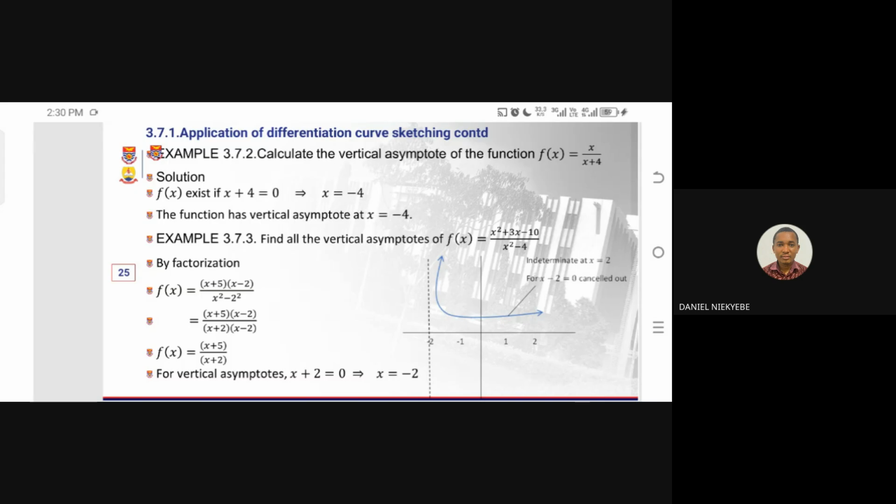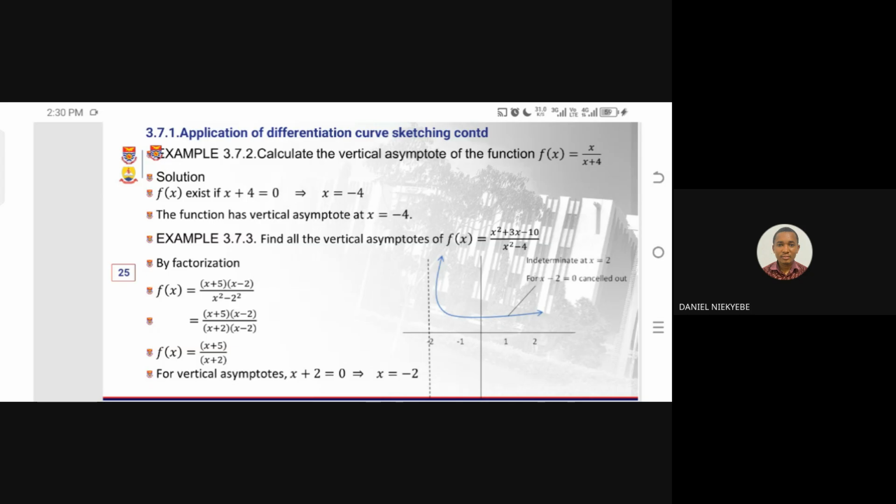So you'll be left with f(x) equal to x plus 5 over x plus 2. And our vertical asymptote will become x is equal to negative 2. If you don't do the factorization and you straight away start with the vertical asymptote, you are going to get x is equal to 2 and x is equal to negative 2, which is wrong.